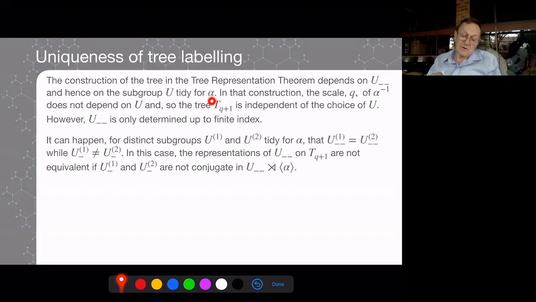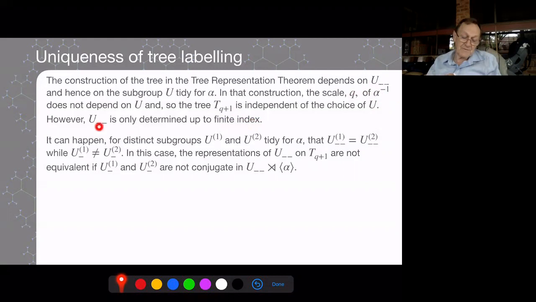Now, given an automorphism or an endomorphism alpha, there is no unique subgroup that is tidy for that automorphism, and so there's no unique U double minus corresponding to that alpha. However, the scale of alpha inverse is unique. So the actual tree on which this group acts is unique. It's just T sub Q plus 1, where Q is the scale, and that's some positive integer that's determined by alpha. But U double minus, as I say, is not unique. It's only determined up to some finite index.